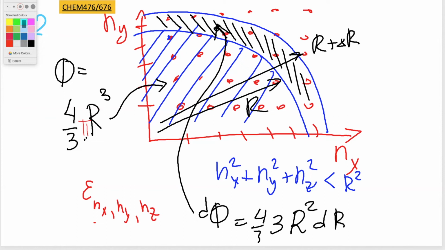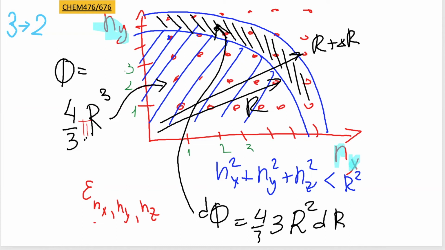So you have quantum number nx and quantum number ny, and they have values 1, 2, 3, and so forth, and here 1, 2, 3, and so forth, right? So quantum numbers are discrete. So this space is not continuous, it's just a set of points.